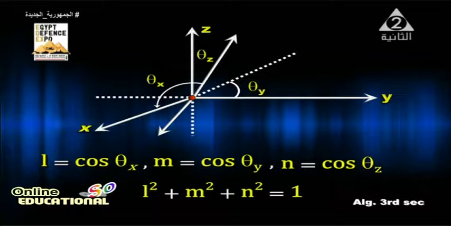We know that cosine squared theta x plus cosine squared theta y plus cosine squared theta z equals 1. Therefore, L squared plus M squared plus N squared must equal 1.